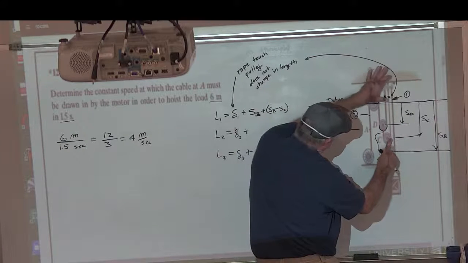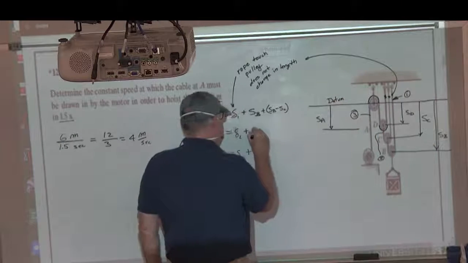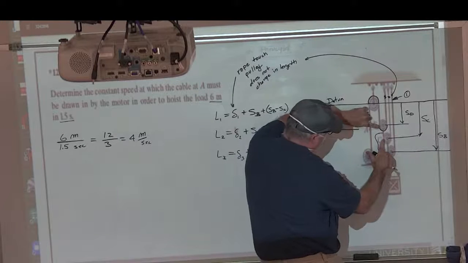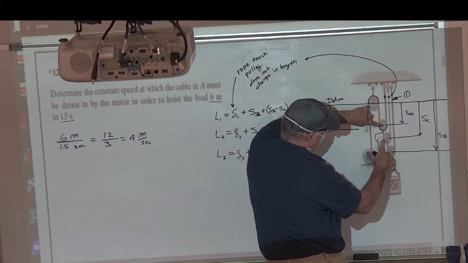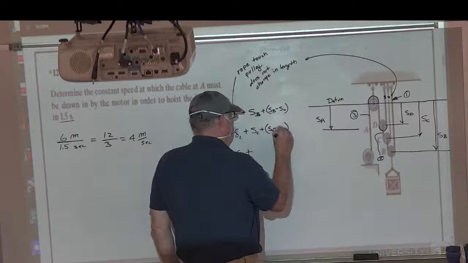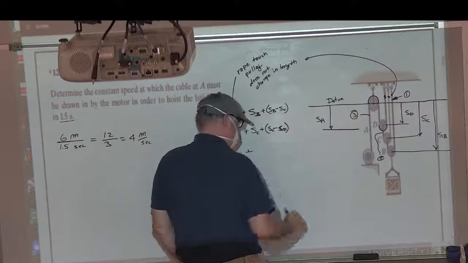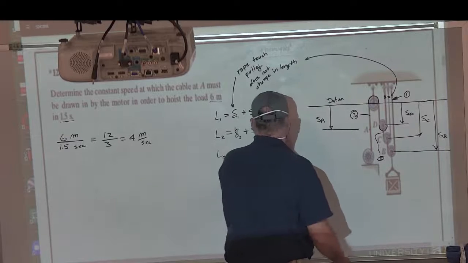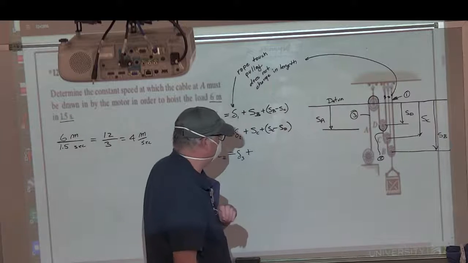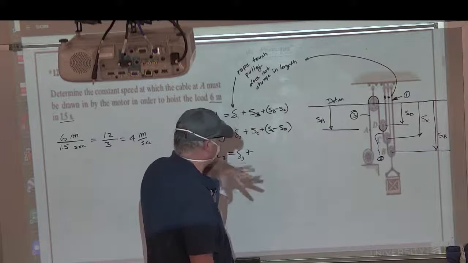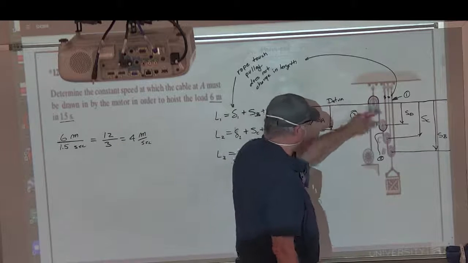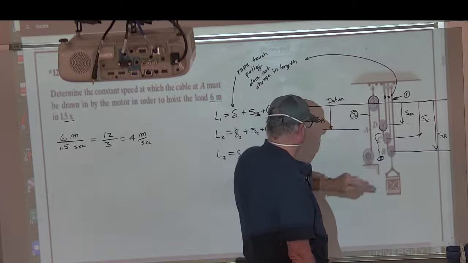I go from here to here, that's SC, plus the little section of rope that goes from here to here. That is SC minus SB. Oops, SB. I'm assuming you saw the videos that describe this on Blackboard, so that's why I just start the work at the bottom. I'm done with rope 2.